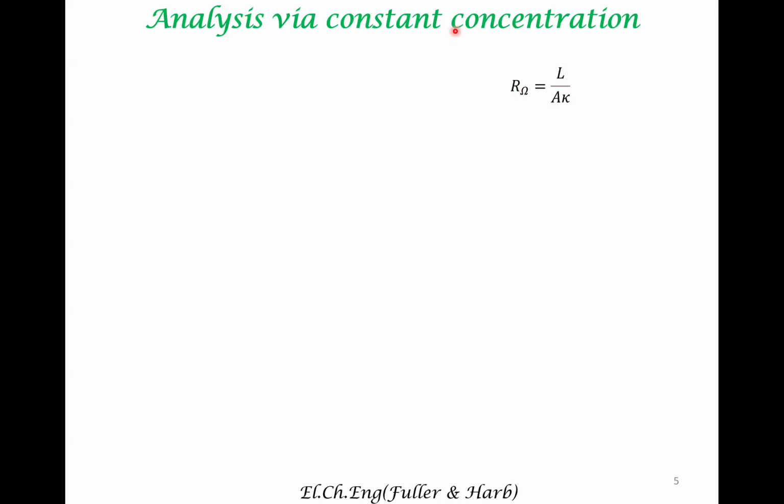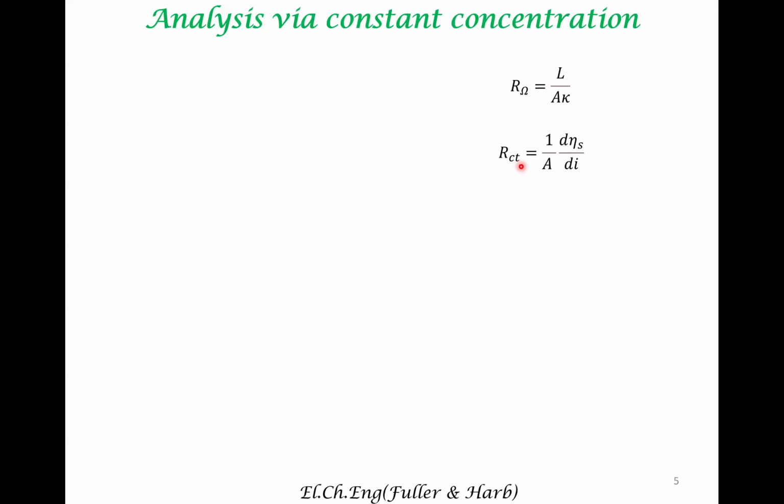But in the absence of concentration gradient, even for an ionic conductor, Ohm's law is applicable. You can use this kind of resistance. Another resistance that is important at the electrode-electrolyte interface involves resistance associated with charge transfer.